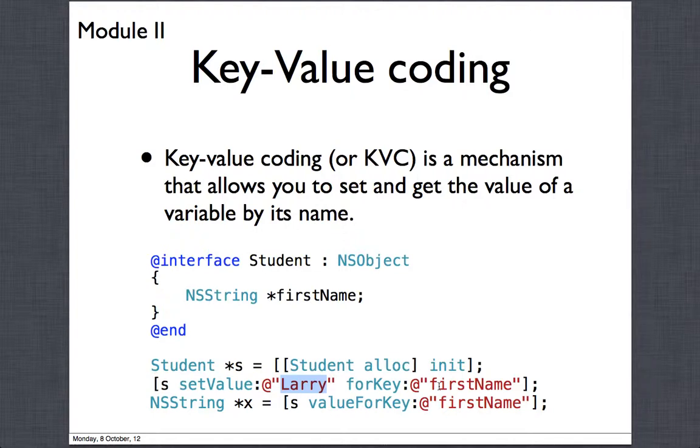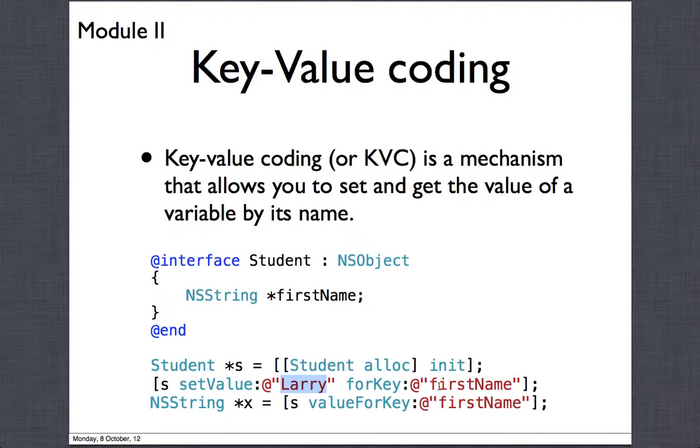The other side is key value observing. Key value observing is an idea of observing the key and doing something when this key changes. So instead of checking every time if something changed, we can just observe this key, and every time something happens to this key, react in some way.